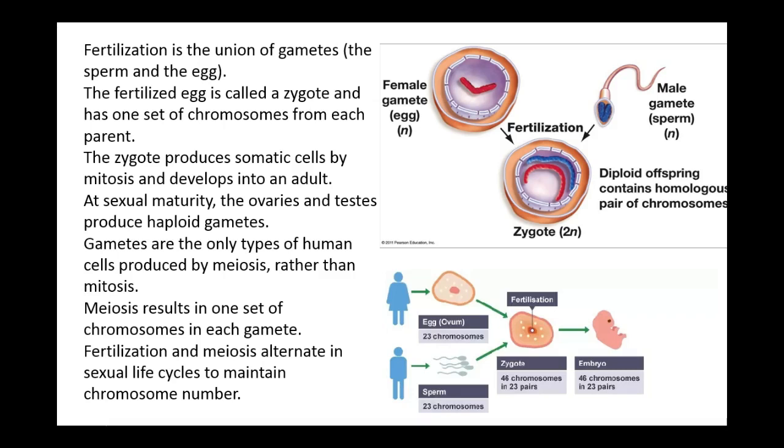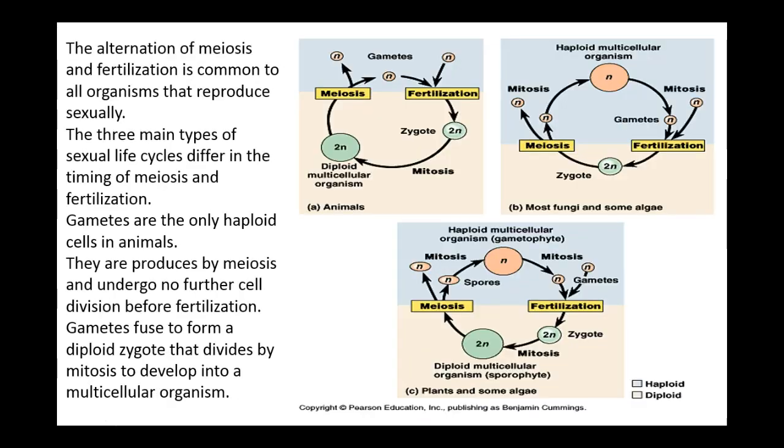Then fertilization will create that soma cell number, that diploid number. And this alternation of meiosis and fertilization is common in all organisms that reproduce sexually.